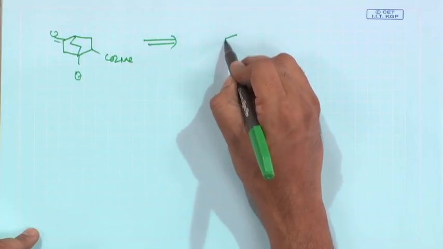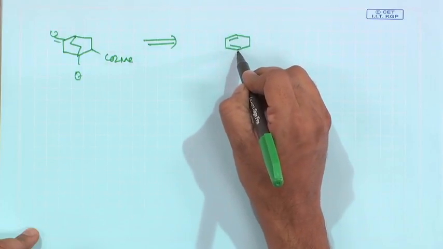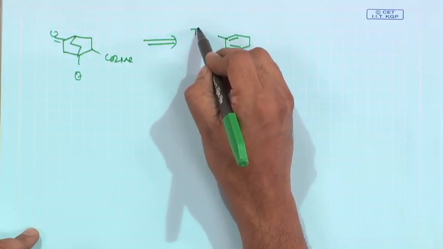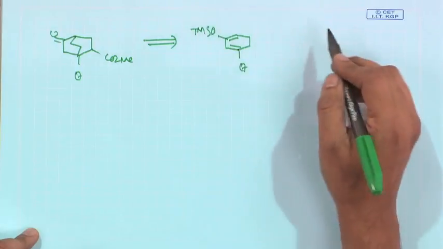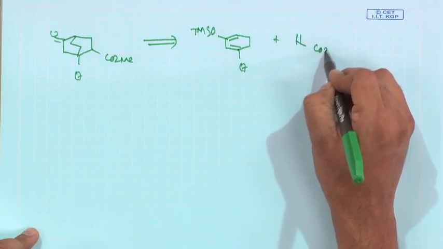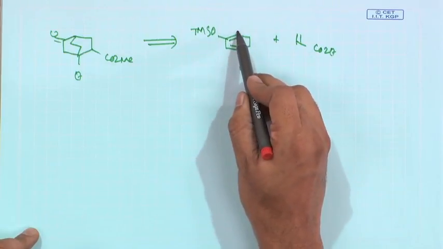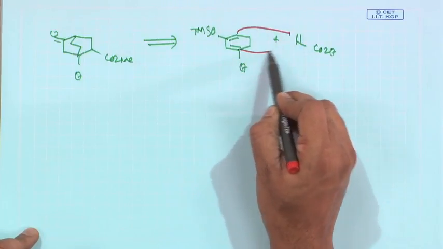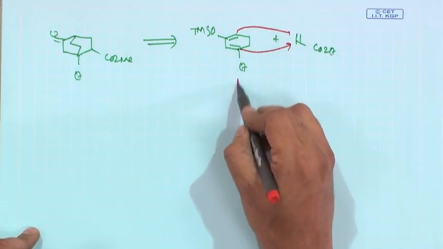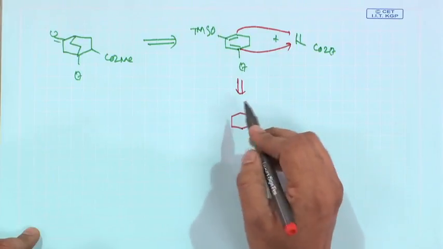Probably if you have this kind of diene as a Diels-Alder 4 pi system, you can easily do a 4+2 cycloaddition by simply doing this, that is absolutely doable.